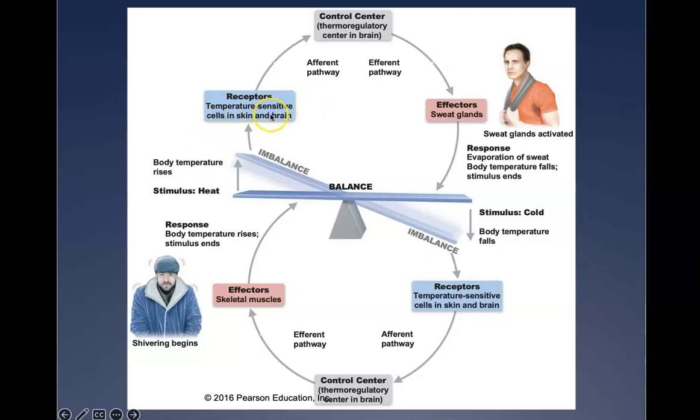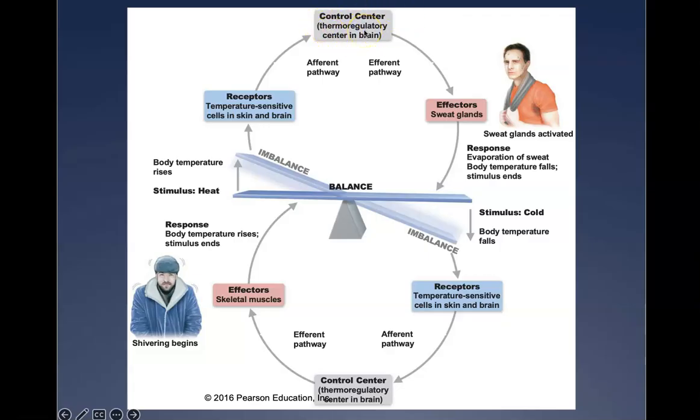So those receptors then are going to send that information. We have these things in like the skin. And they're going to send that information back to the brain, your control center, and to the actual thermoregulatory center in your brain. We'll talk about that eventually, especially the hypothalamus.